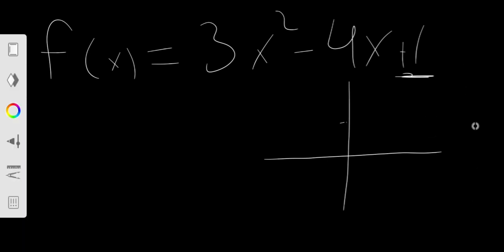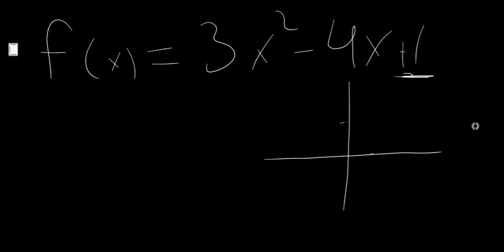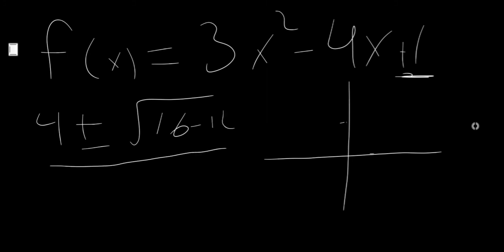Now to find where it cuts the x-axis, let's use the formula for the second degree. B plus or minus, well, here we will have 16 minus 12, which is going to be 4, and 2 multiplied by 3 is 6. So we're going to have 4 plus or minus 2 divided by 6.